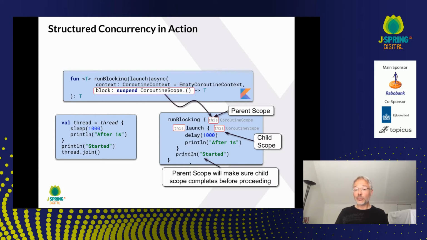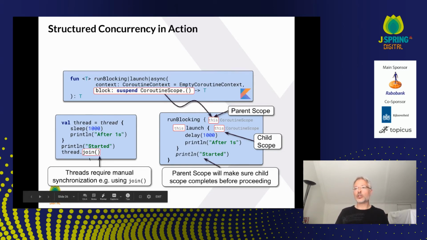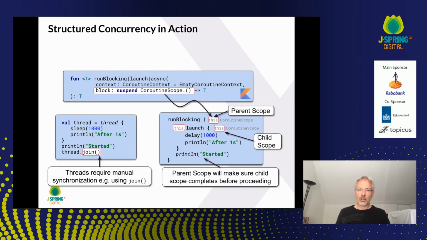But it will not proceed, because the parent scope knows that there's still some child scope not completed yet. So it has to wait till this child code has completed, and then it can continue the program. Whereas in the example of threads, you have to do the joining all yourself. This is really very convenient, as we'll also see in later examples. So this is structured concurrency in action.